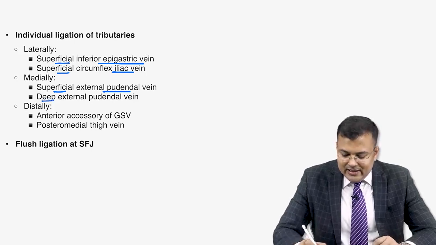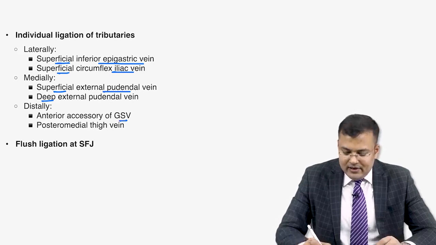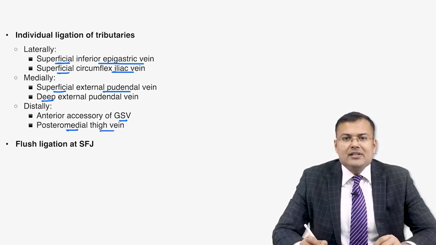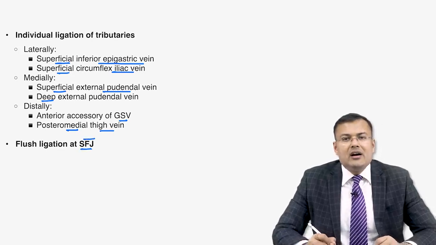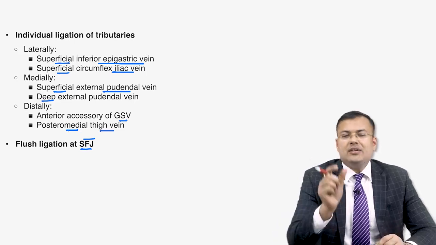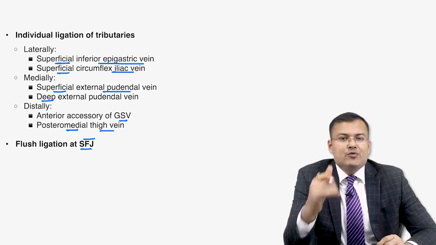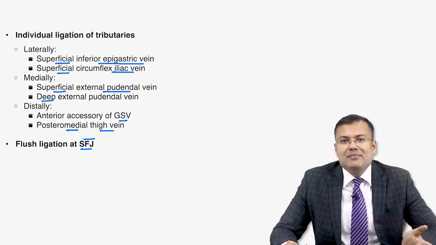Distally, the anterior accessory of the great saphenous vein (long saphenous vein) and the posterior-medial thigh vein are ligated. After that, flush ligation is done at the saphenofemoral junction. Otherwise, if you leave the stump, in standing position there is a painless swelling known as saphena varix, which we discussed previously.